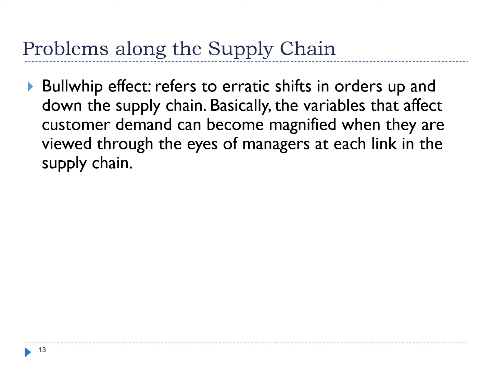One major challenge that managers face in setting accurate inventory levels throughout the supply chain is known as the bullwhip effect. Bullwhip effect refers to erratic shifts in orders up and down the supply chain. Basically, the variables that affect customer demand can become magnified when they are viewed through the eyes of managers at each link in the supply chain.